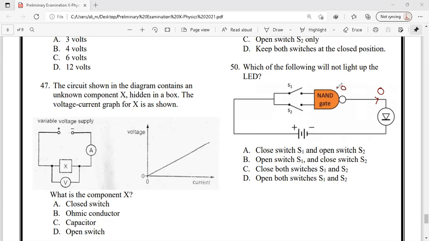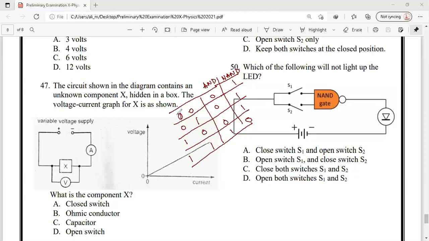If we recall the definition of the NAND gate, let's first see what AND is. The output of AND is 1 when all the inputs are 1, and the output of the AND gate is 0 when any of the inputs is 0.